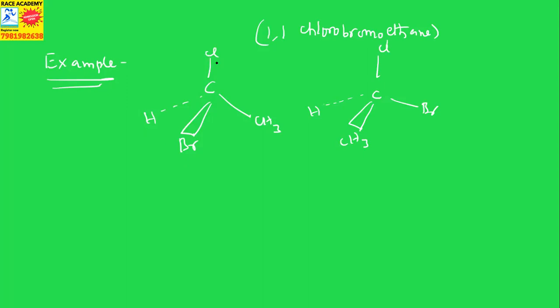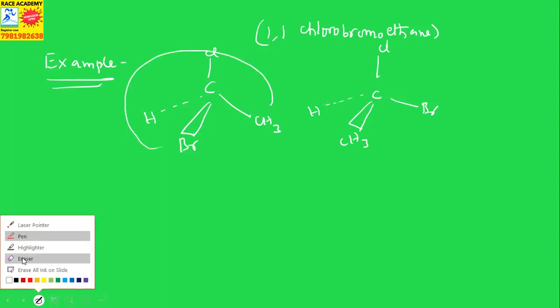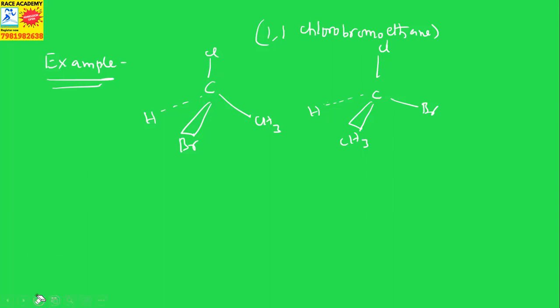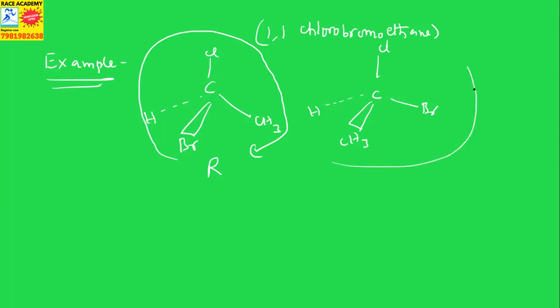So you will go in one direction like this. In this direction, if you go, it will come like this. This is nothing but R configuration. And similarly, if you go in the opposite direction, it will come like this.